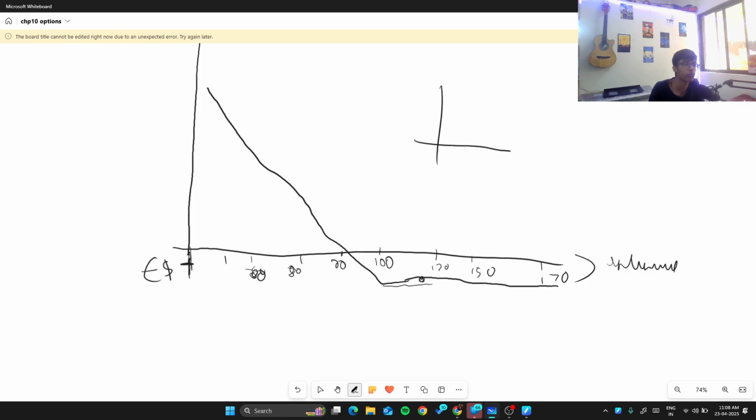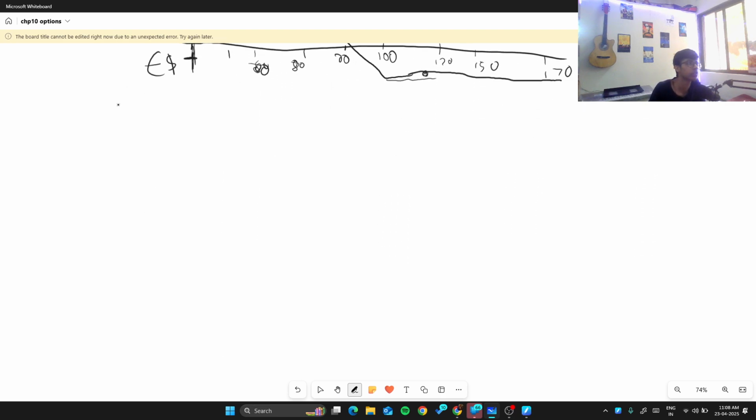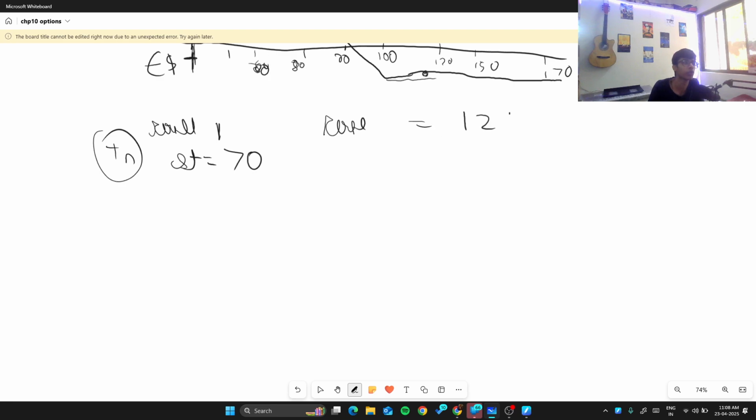Our payoff will be like this, and here will be the strike price. Case 1, the price at maturity is 70. And case 2 would be bigger than 100, say 120.